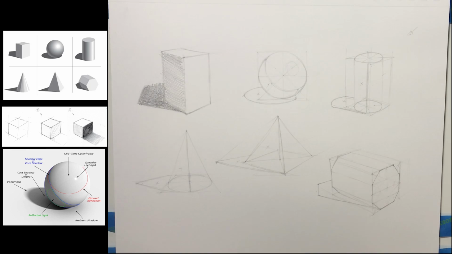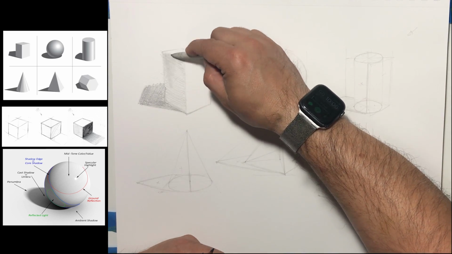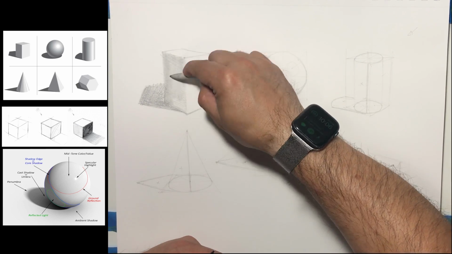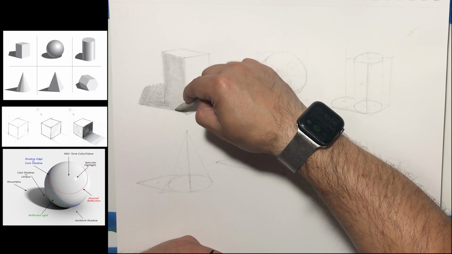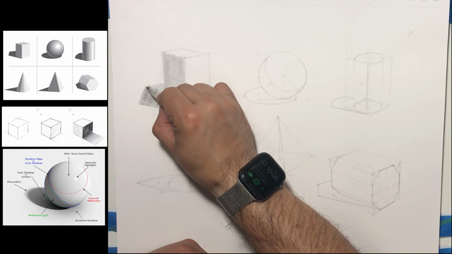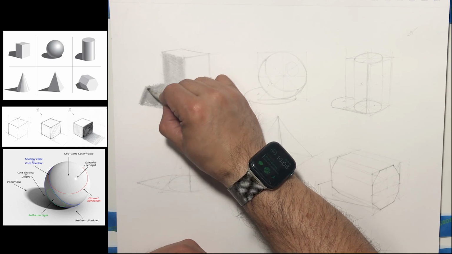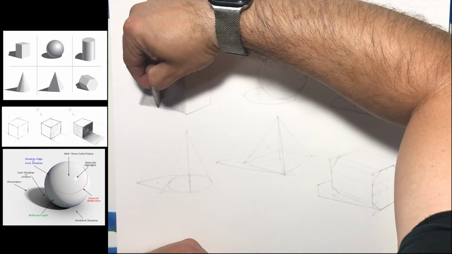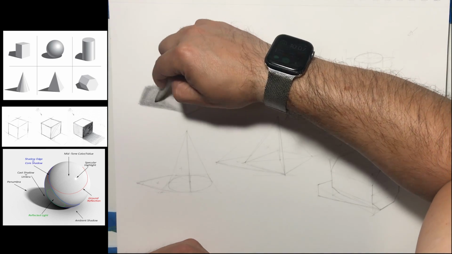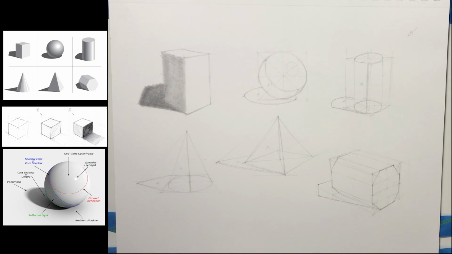And then we'll take our blending stump, and there we have it.